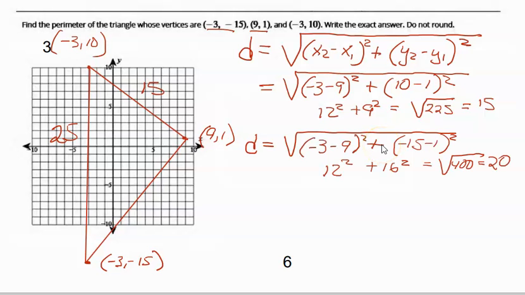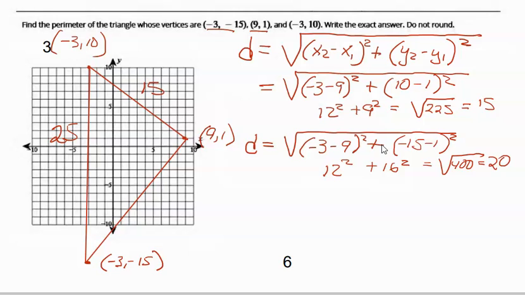So again, our -3 minus 9, and then for our y values, a negative 15 minus 1. So this will end up being a negative 12 that we're squaring, which makes it, in a sense, a positive 12 that we're squaring. And this is 144, and added to this gives you 400.